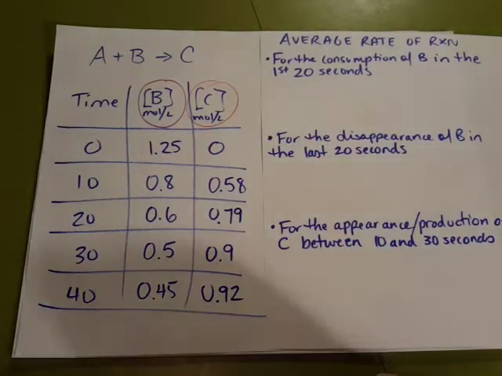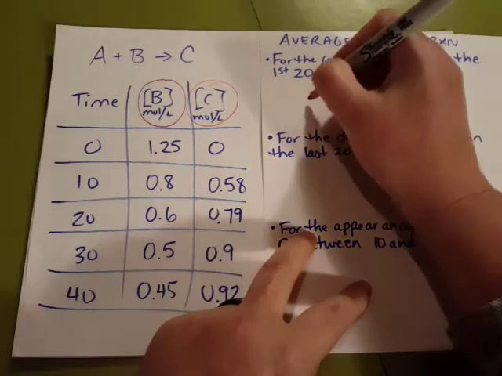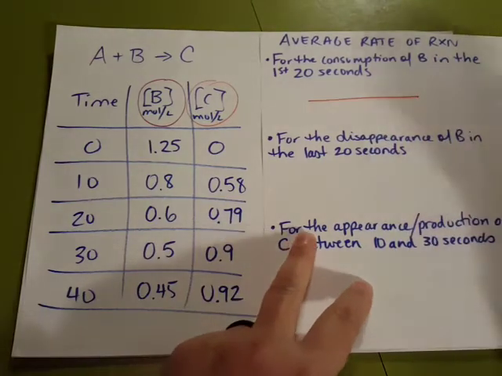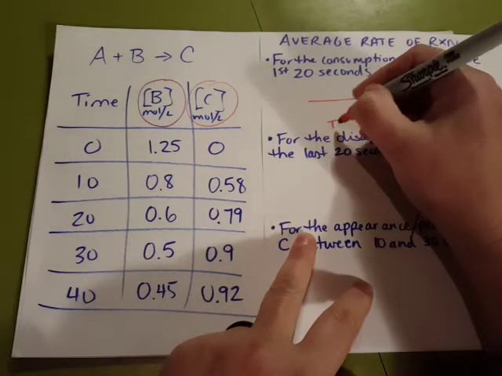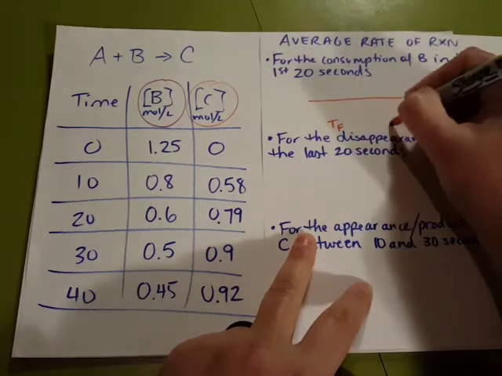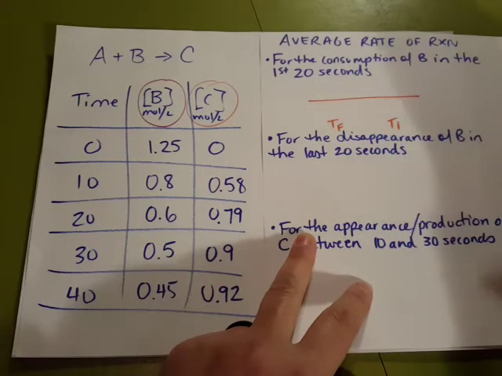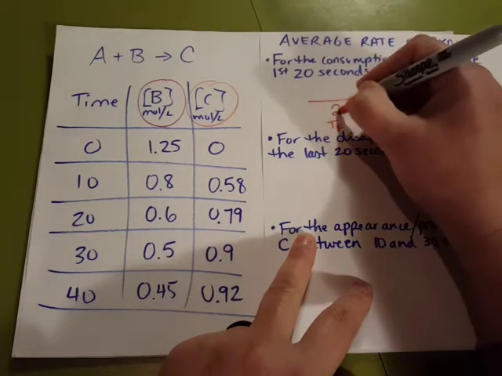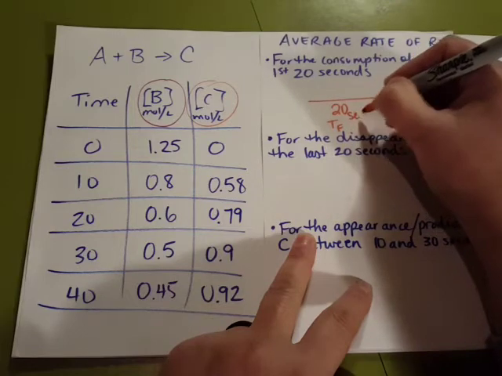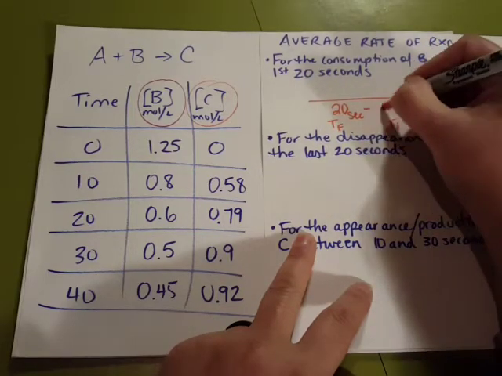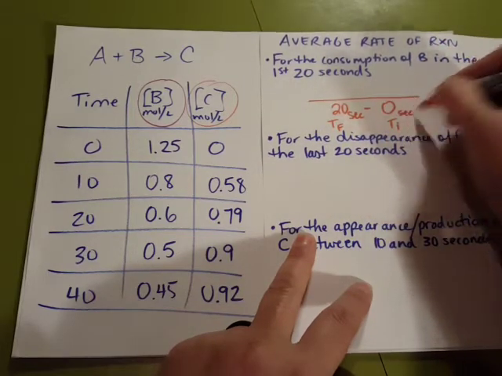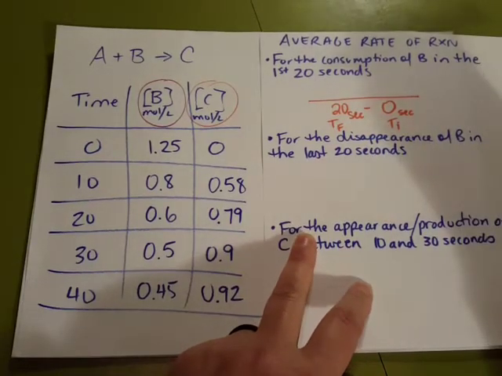And if we want to set this up, we want to compare the final time to the initial time. So the final time here is 20 seconds. And we're going to compare that to the concentration at 0 seconds.